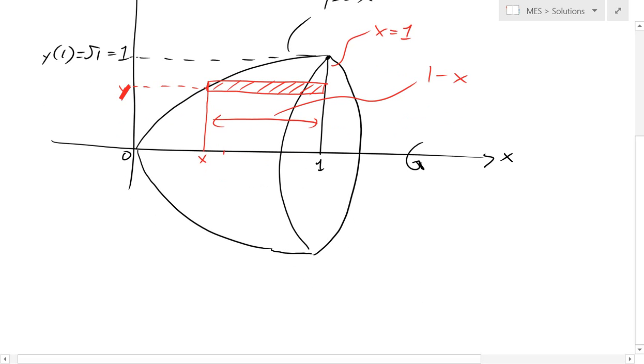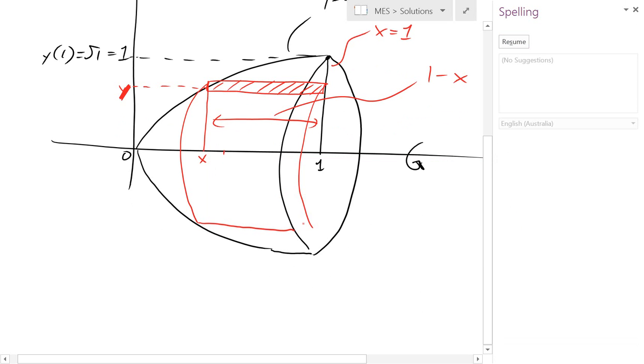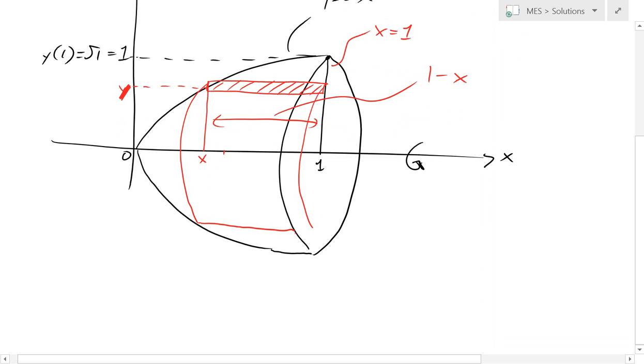So now when we draw the shell, it's going to look something like this, all the way across. And there's our shell.